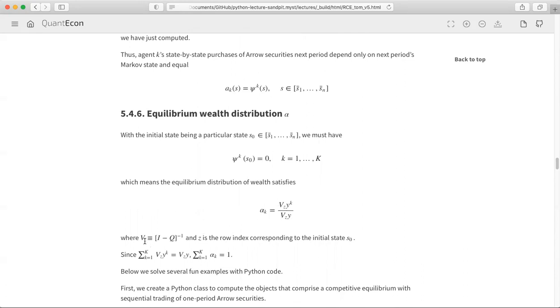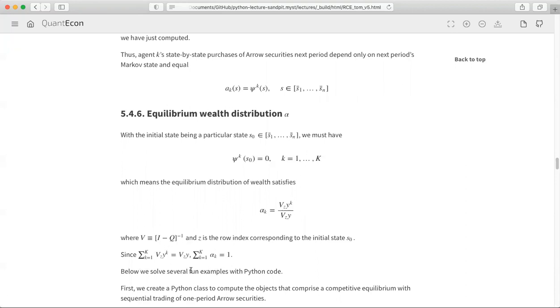So this V is an operator: you tell me your endowment, you tell me what state we're in initially. I'll take your endowment and multiply it by this V. So this is just going to be an inner product. That's the value of your wealth. That's the value of the whole economy's wealth. That's your alpha. And you can verify they're going to add up to 1.